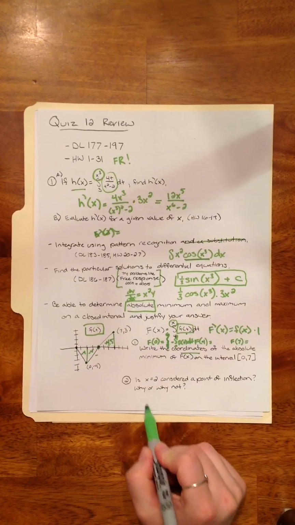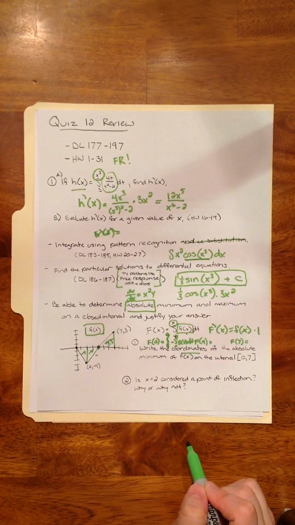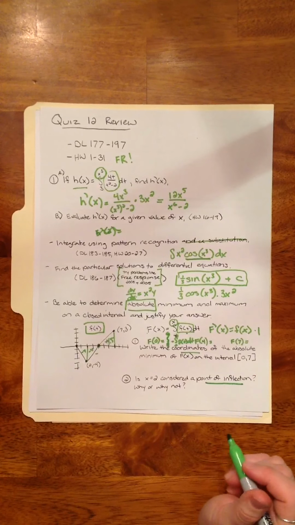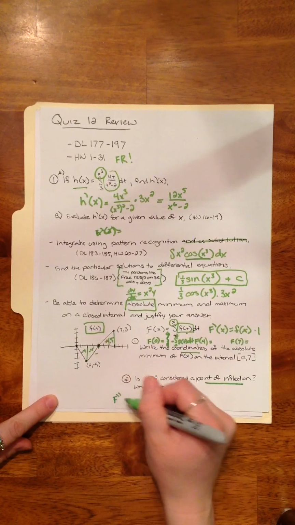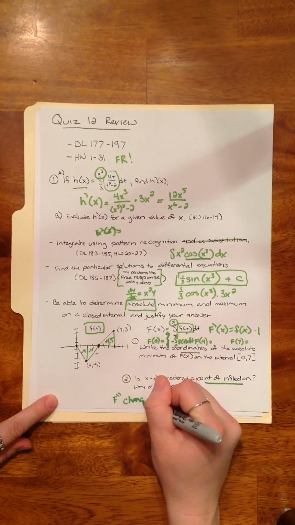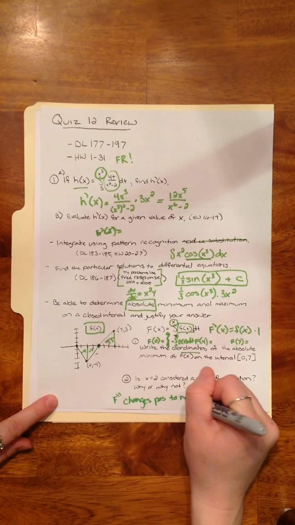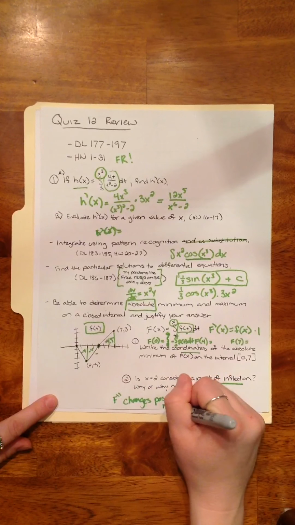The next thing is, is x equals 2 considered a point of inflection? Points of inflection happen when the second derivative, so f double prime, changes signs. So positive to negative, or negative to positive.